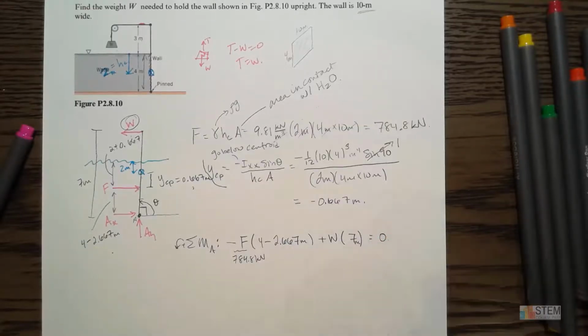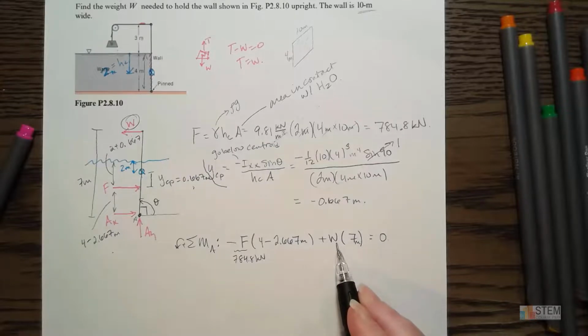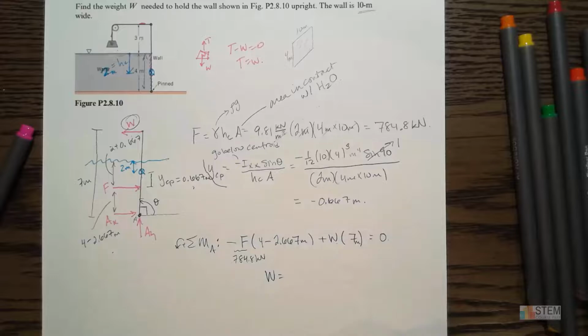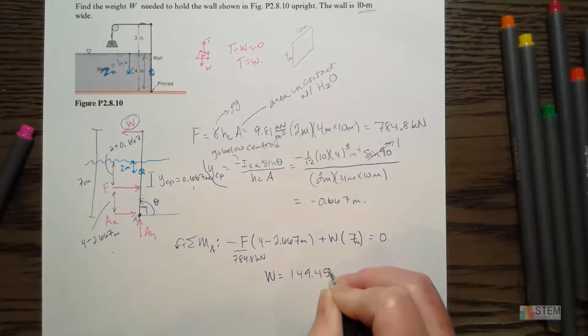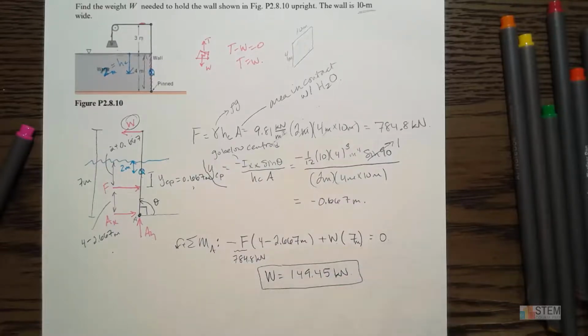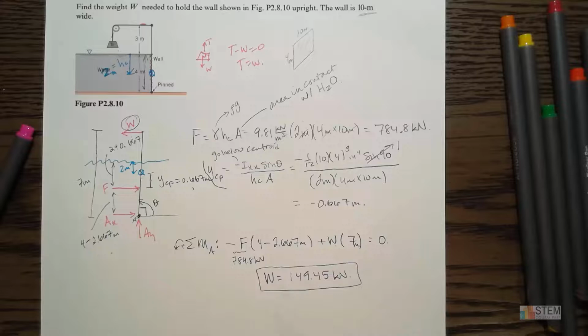And that's meters there. So one unknown, one equation. So now you can solve for weight, and you get 149.45 kilonewtons. So that's the weight we have to have in order to keep that door, or that, I keep calling it a door, to keep the wall upright.